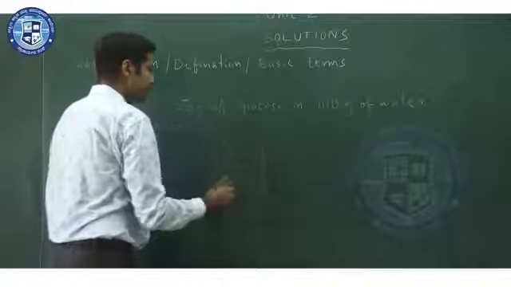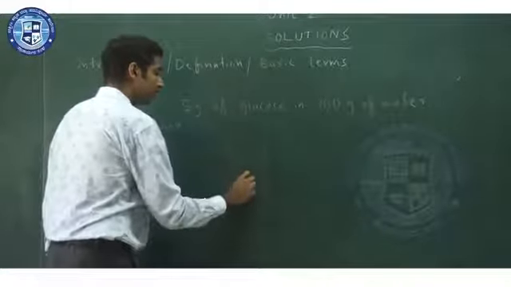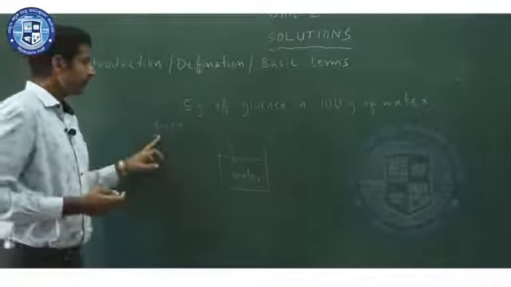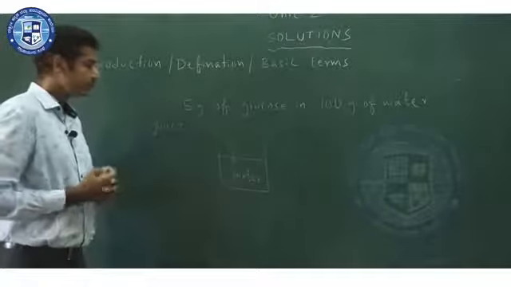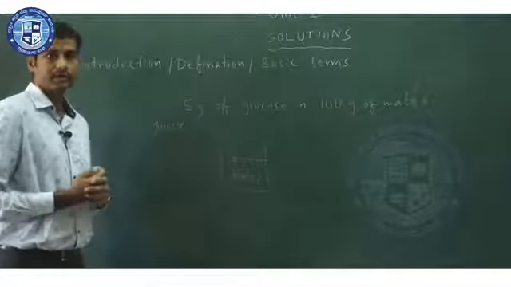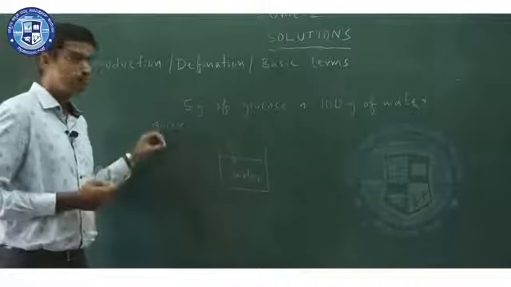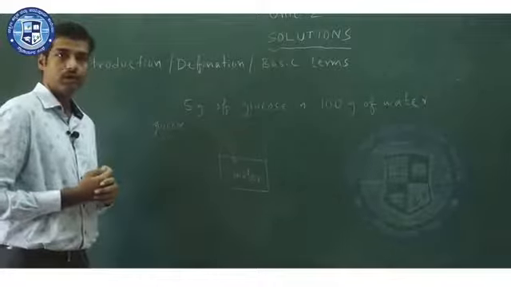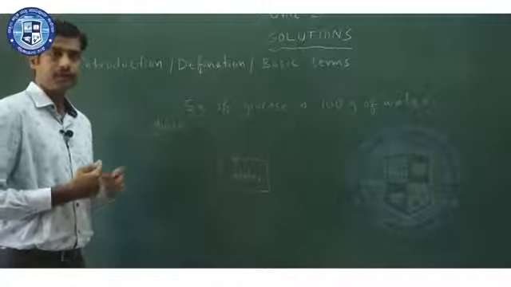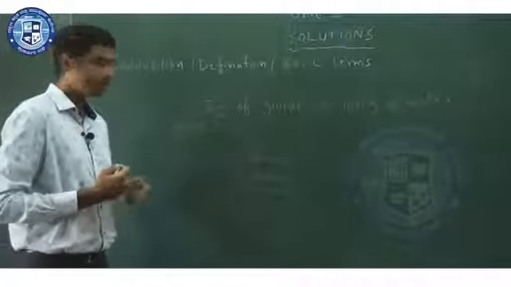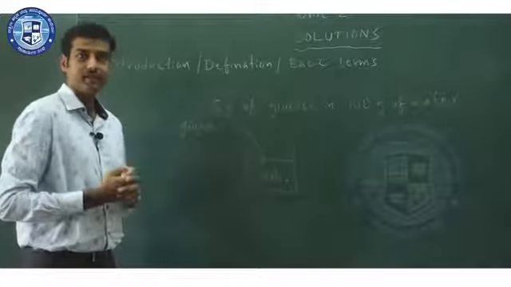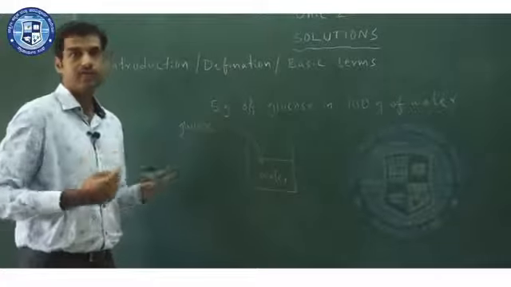Glucose is dissolved in water. Now glucose is a pure substance. Water is also a pure substance. But by mixing glucose in water, I am going to get a mixture. Now this mixture that is formed of glucose and water is a homogeneous mixture.